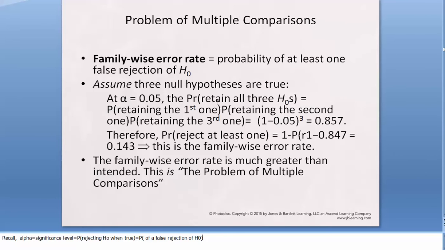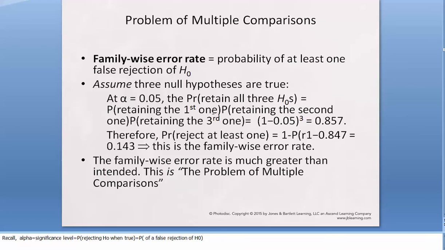Let's first calculate the probability of retaining all 3 null hypotheses. In the previous example there were 3 of them. If all three are to be retained, meaning accepted, the first one has to be accepted, the second one has to be accepted, and the third one has to be accepted. So this event is an AND event, probability of A and B and C.